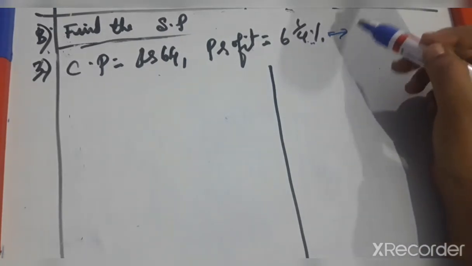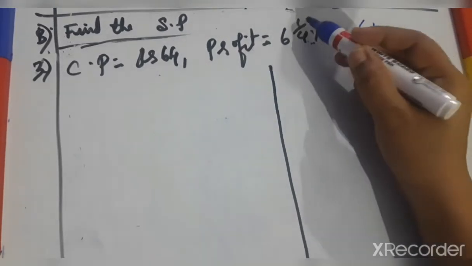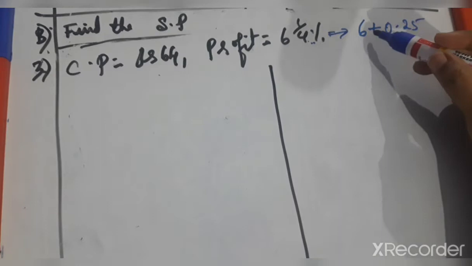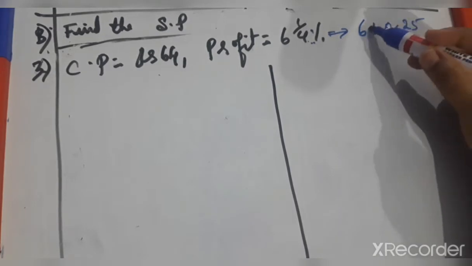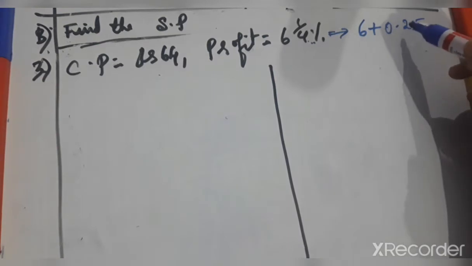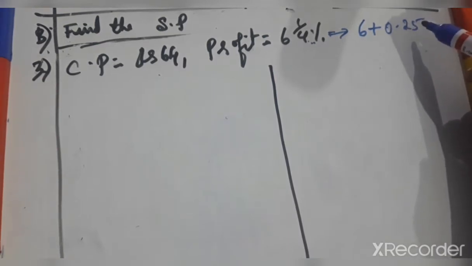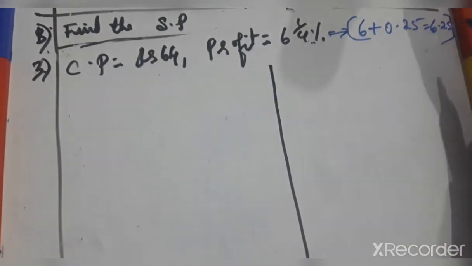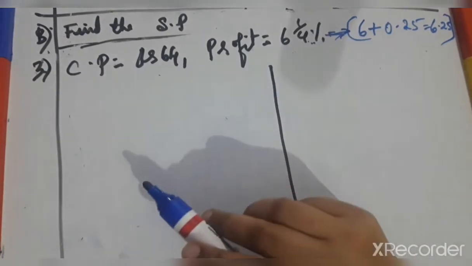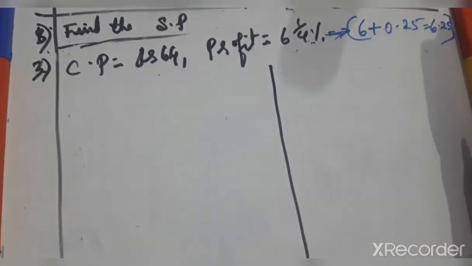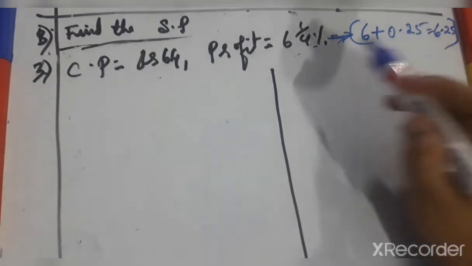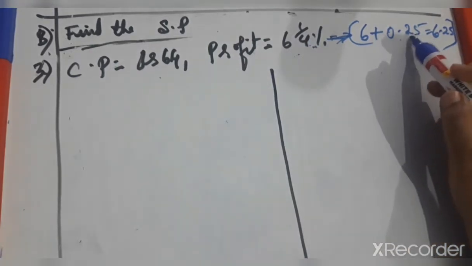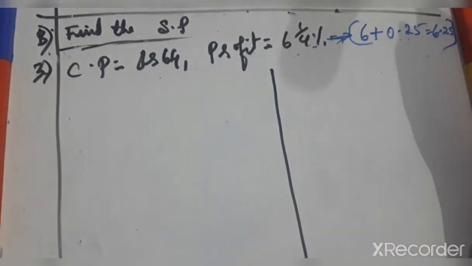We can convert it into an improper fraction, or 6 plus 1 by 4 means how much? 1 by 4 means 6 plus 0.25, which equals 6.25. So the percentage is 6.25. Convert the fraction into a decimal number: divide 1 by 4, we get 0.25. So 6 plus 0.25 is 6.25.